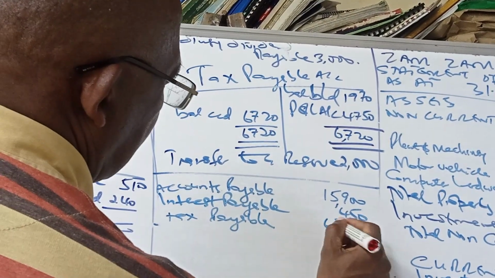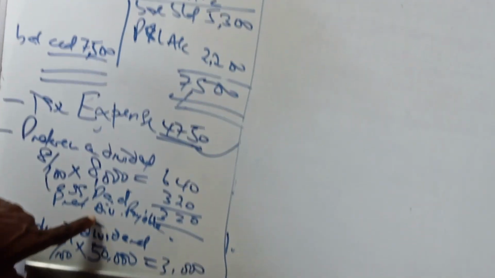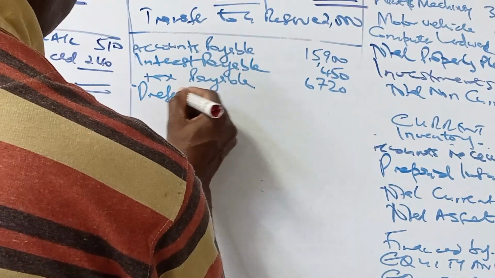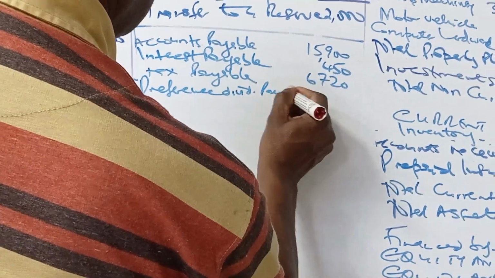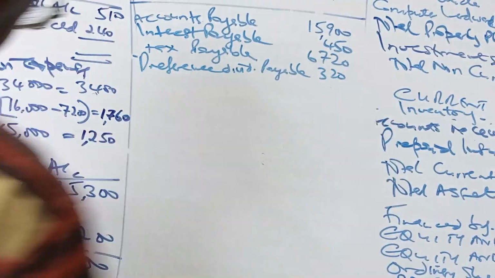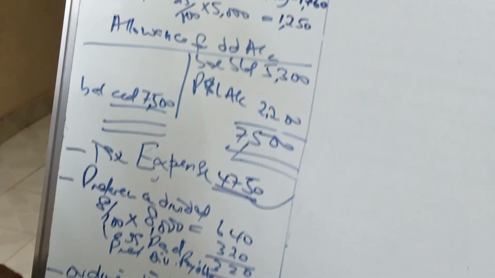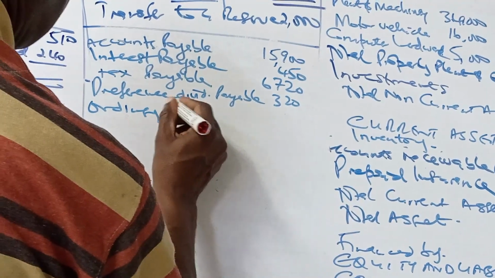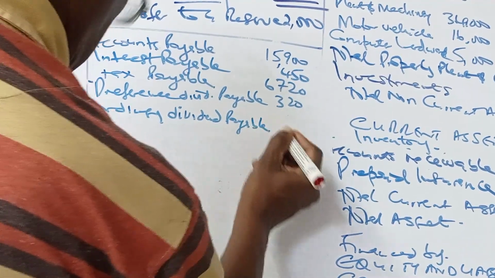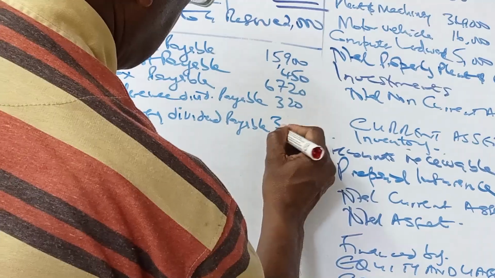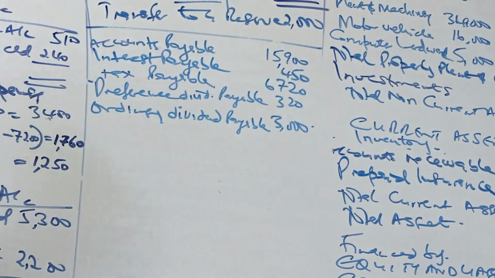Preference dividend payable is 320. And ordinary dividend payable is 3,000.